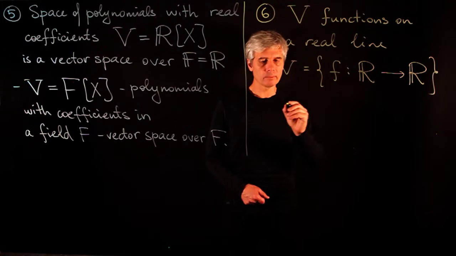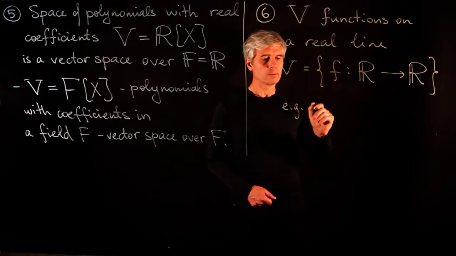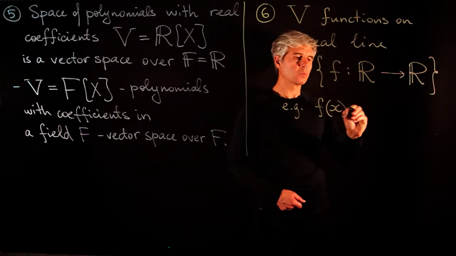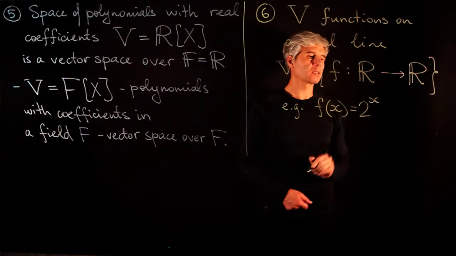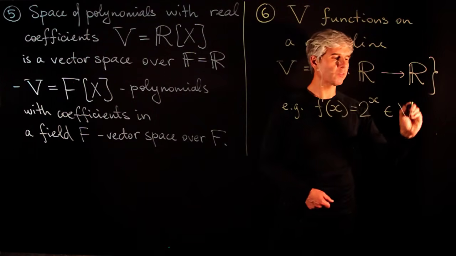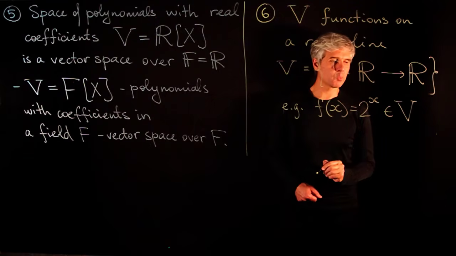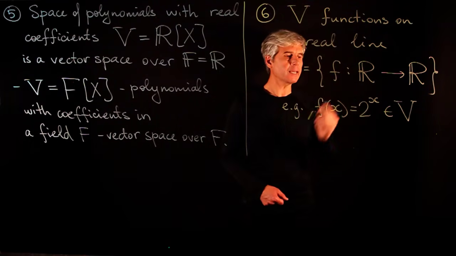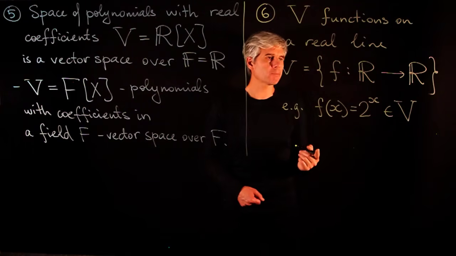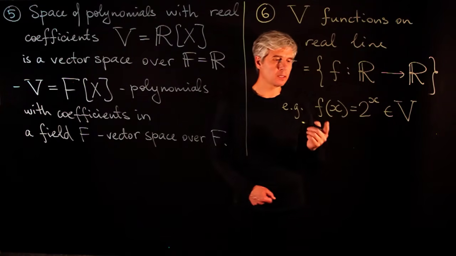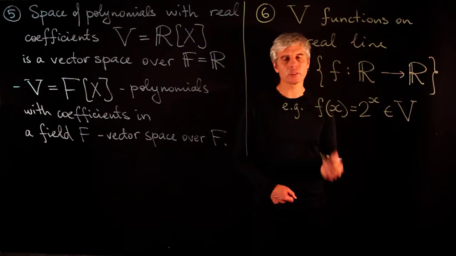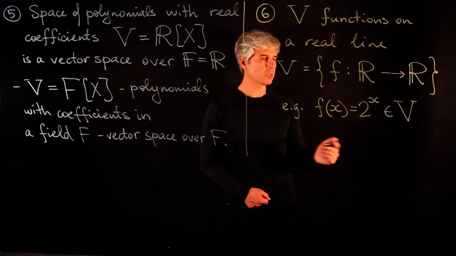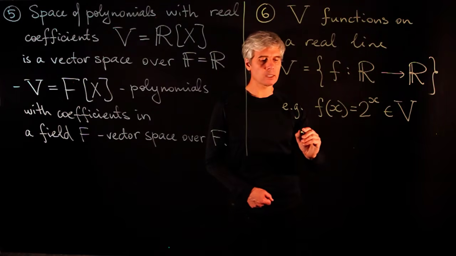So for example, f of x, which is 2 to the power x, right? So this will be one of the vectors in the space V. And so here in this set, we treat functions as vectors, and the addition of functions becomes addition of vectors.